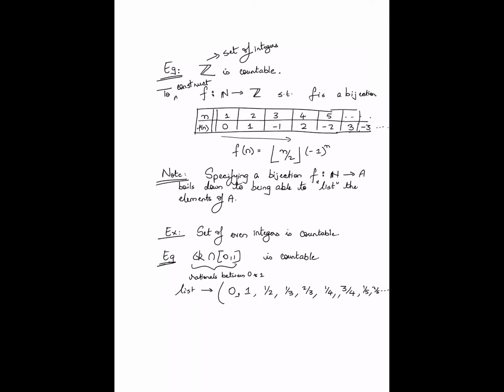And as I mentioned before, defining this list essentially boils down to defining the bijection, because the first entry of the list is f of 1, the second entry is f of 2, f of 3, f of 4, and so on. So that's your bijection. Remarkably, if you look at all the rationals between 0 and 1, even that set is countable.